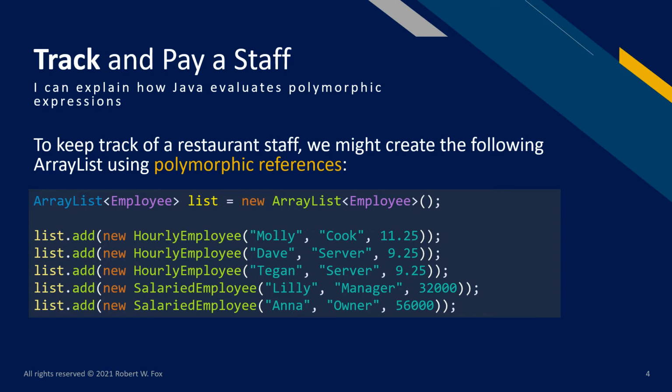So you'll notice the first three objects I add are new HourlyEmployees, and the last two are new SalariedEmployees. So the ArrayList holds 5 objects. Each object is an Employee, but they're all specialized or more specific types of Employee. And in the end, with polymorphic references, this can save us code because we don't have to make multiple ArrayLists or possibly use multiple loops to process them.